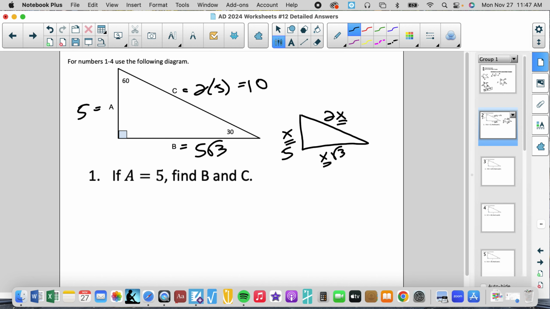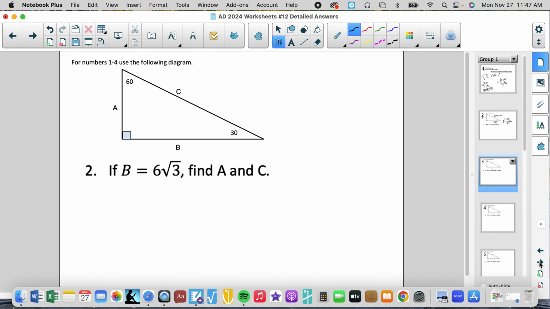Pretty easy, really nice, fun, and we just have to locate the small leg. This time we see that B is equal to 6 rad 3. Remember that represents x rad 3, so the coefficient of rad 3 is my short side, and that equals x. So x is 6 in this case, and the hypotenuse is 2x, so 2 times 6, or 12.